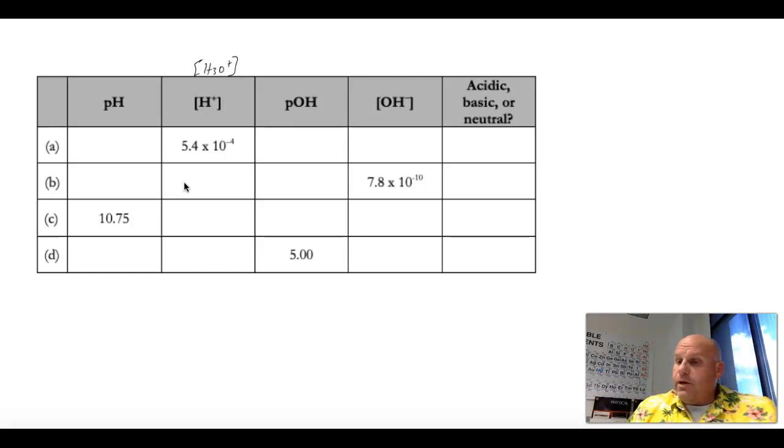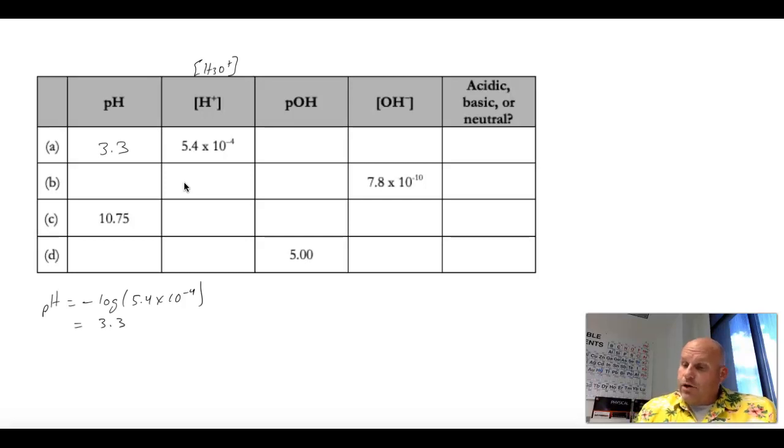So for example here with the H+ of 5.4 times 10 to the negative 4th, if I took the negative log of that, I would be calculating the pH, okay, and I would get that value to be 3.3.